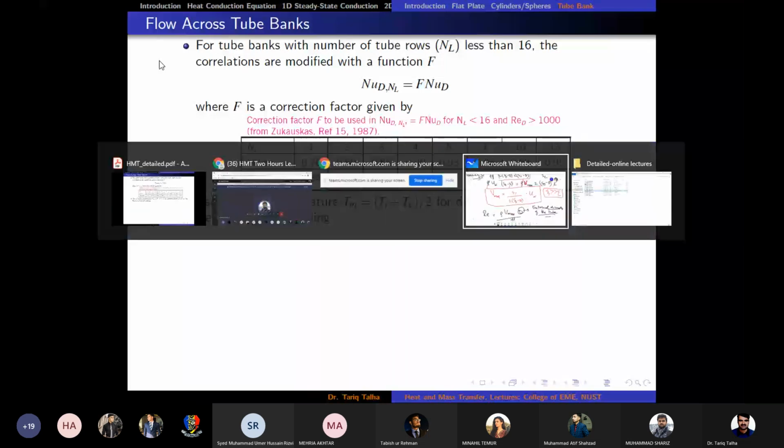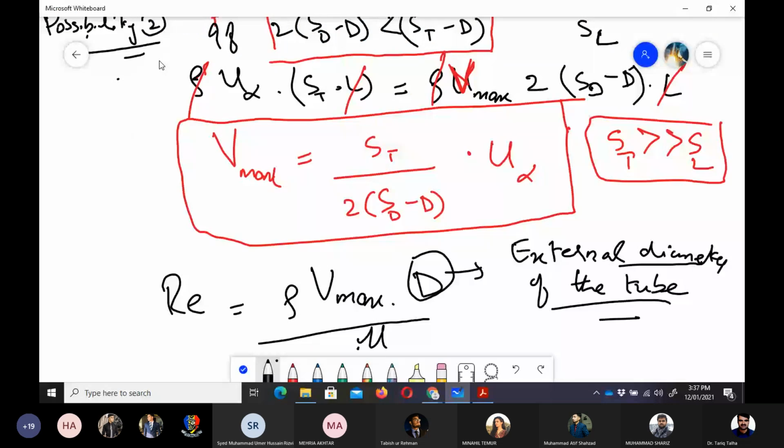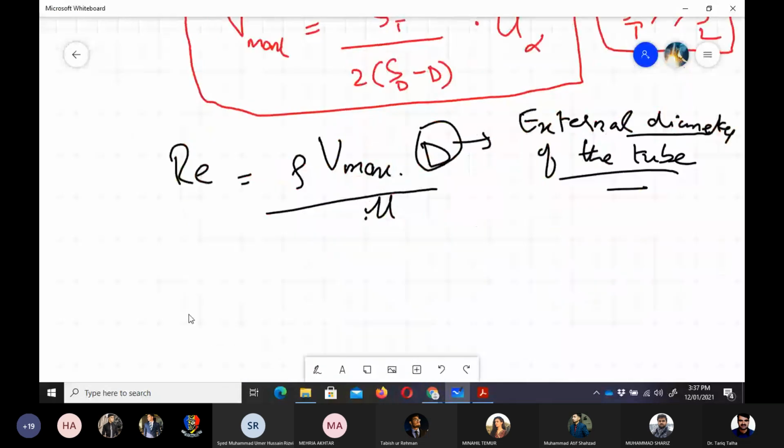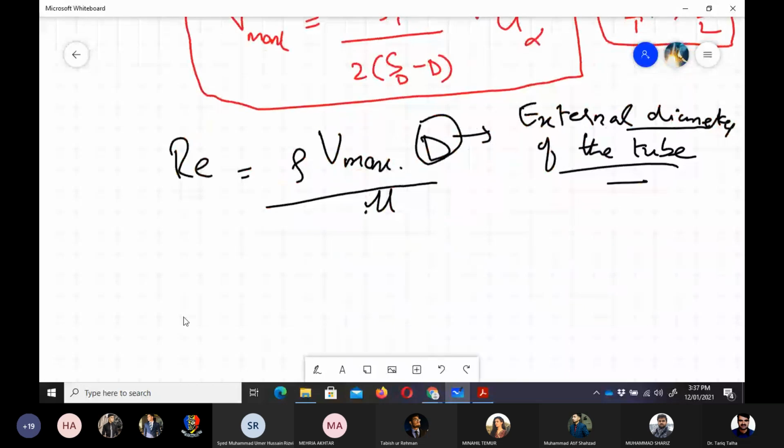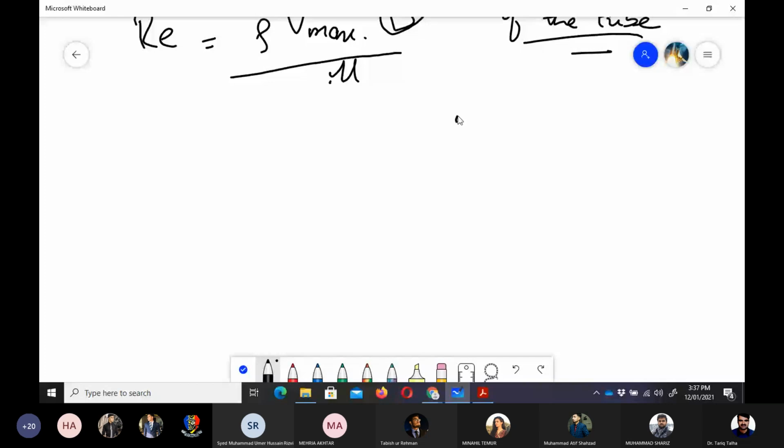Let me pan it a little bit. Let's suppose we have a tube bank here. I want to explain something, so I would have maybe 3 rows.